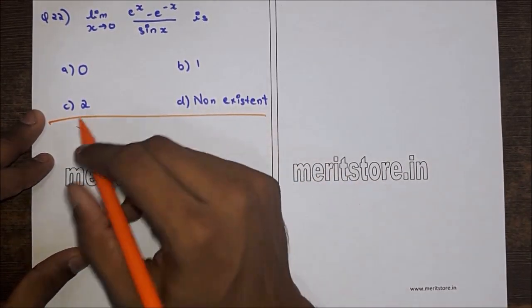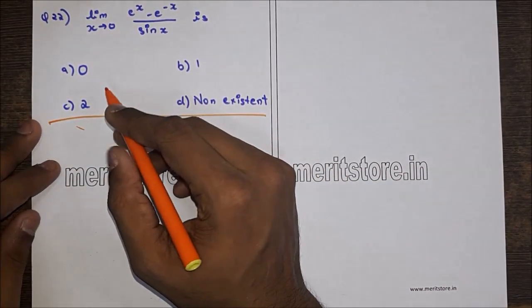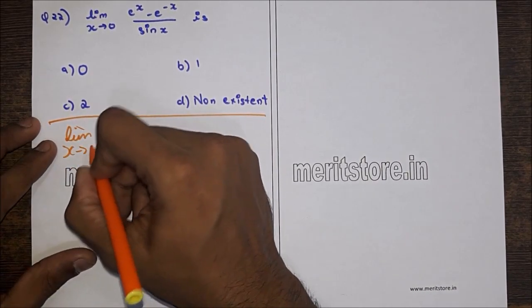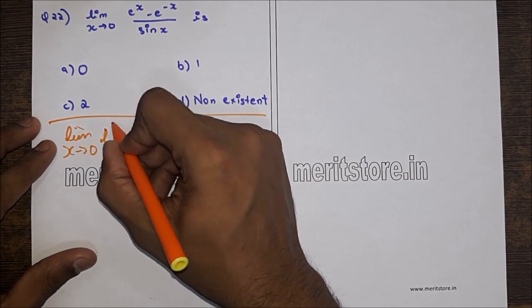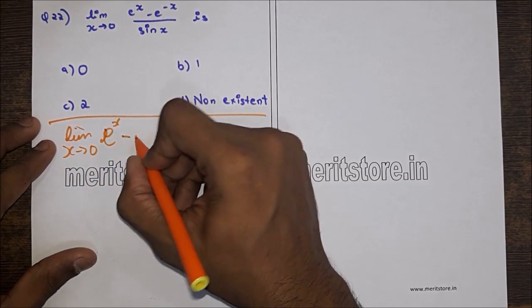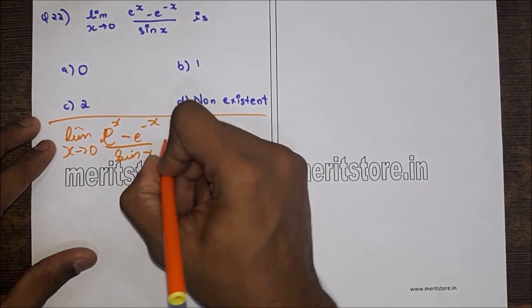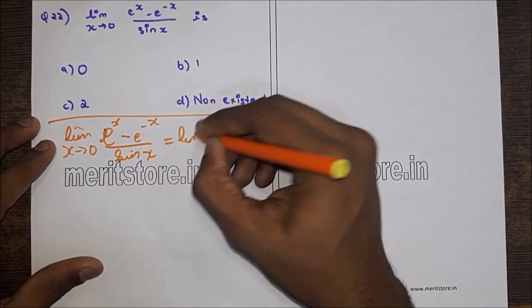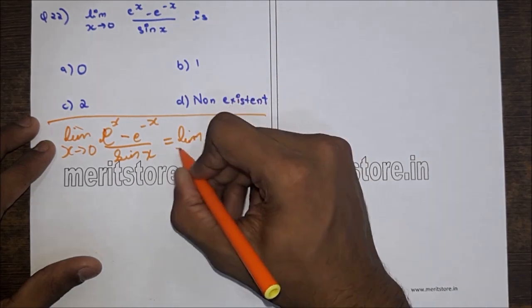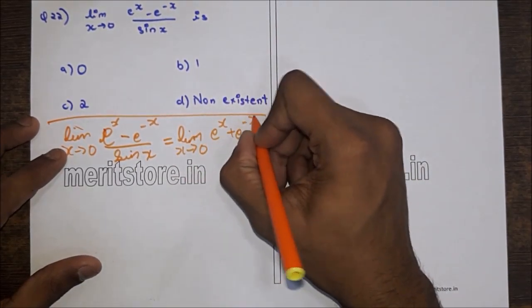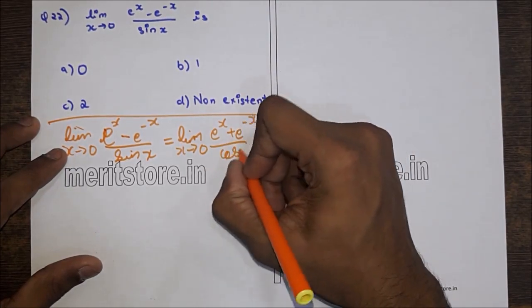What we could do to solve this easily is apply L'Hopital's rule. That gives us limit of x tends to 0 of (e^x − e^(−x)) by sin x. Now applying the rule, we get limit of x tends to 0 of (e^x + e^(−x)) upon cos x.